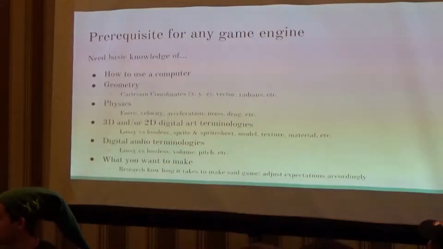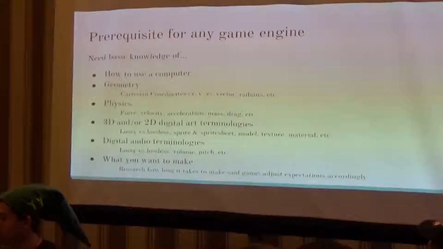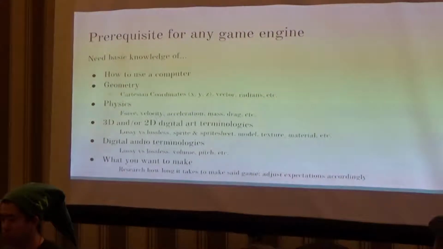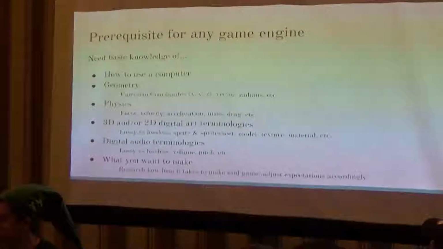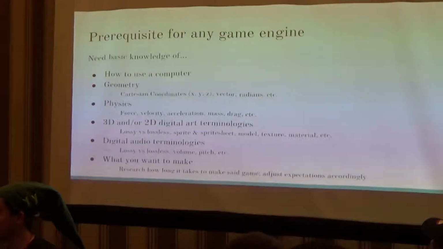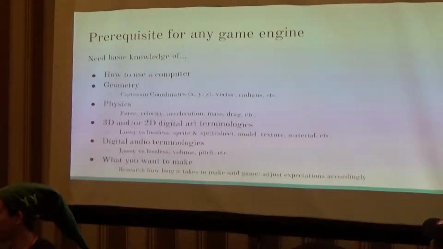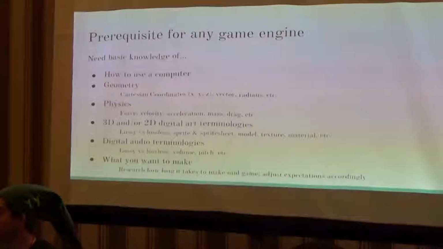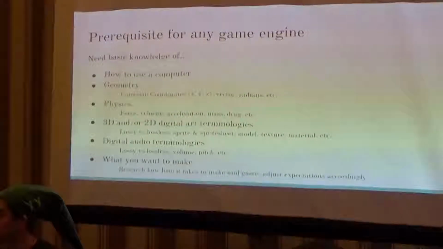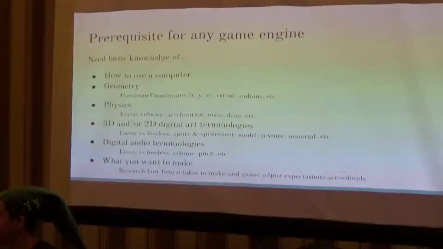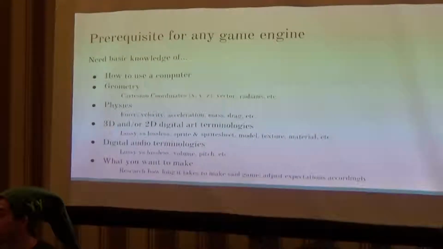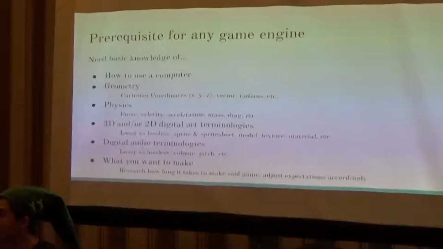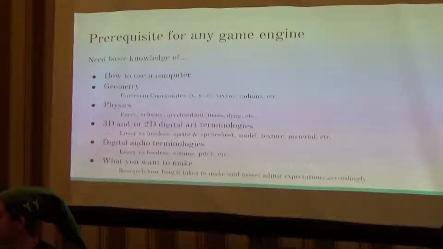But as you run into terms that you're not familiar with, like what's a quaternion, or what's a vector and stuff like this, you need to at least read the Wikipedia page or something about them, so that later when you have a problem that you want to solve, even though the game engine does it for you, you still need to be able to pull up the terminology and be like, oh, I need to add force to this, or I need to do this or that. And that all comes with experience.